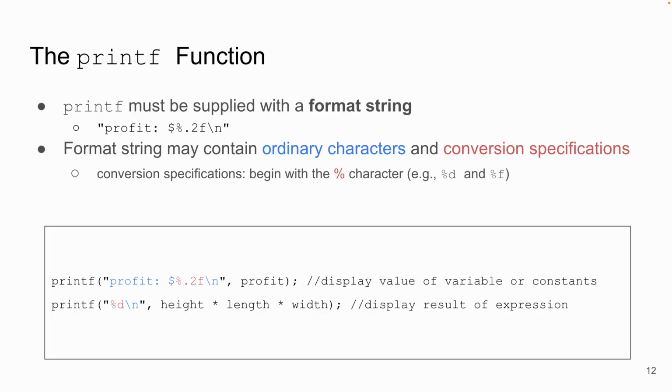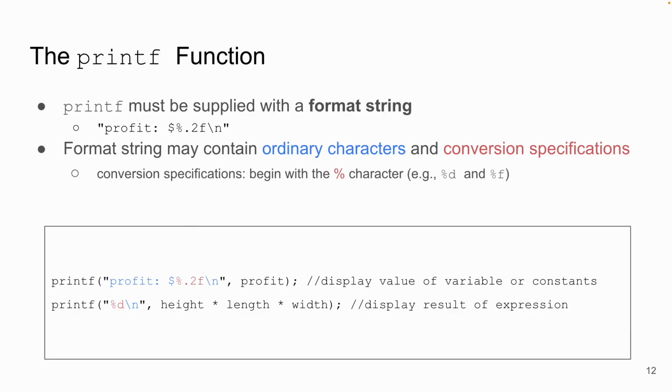Okay, very good. What you can see is that for printf, we always need to add the format string inside the printf. The format string is the string we have at the beginning of the printf. So let's talk more about the format string. The format string actually contains two kinds of things.